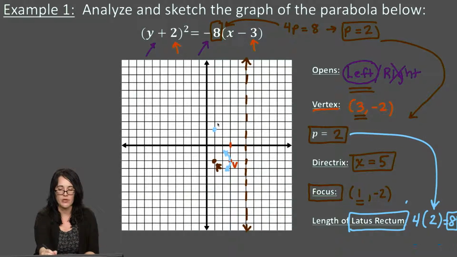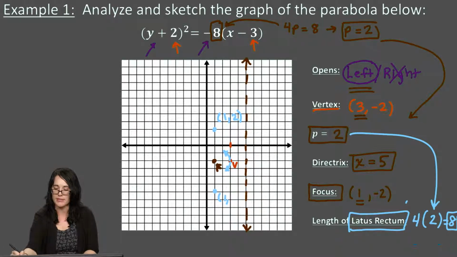That has an x value of 1 and a y value of 2. And I would have to go 4 units below the focus, 1, 2, 3, and 4, which has an x value again of 1 and a y value of, if we started at the focus, -2, and we went down 4 units, that's at -6.